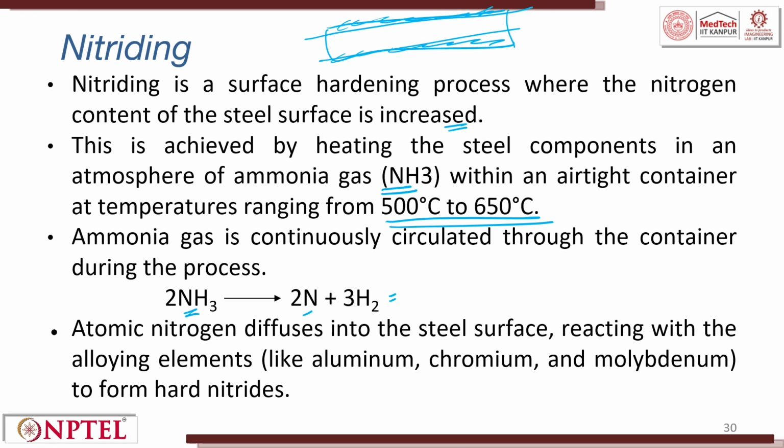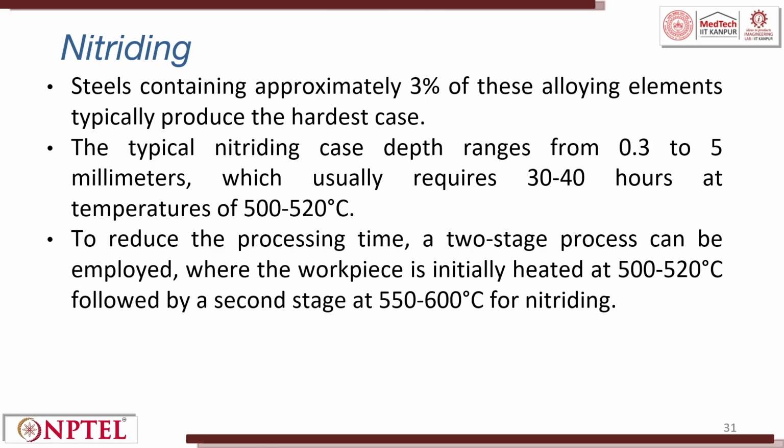The atomic nitrogen diffusing into the steel surface reacts with alloying elements like aluminium, chromium and molybdenum to form very hard nitrides. Aluminium nitride, chromium nitride and molybdenum nitride can be formed, giving you a very hard surface.